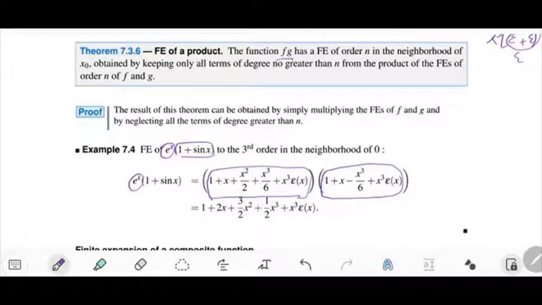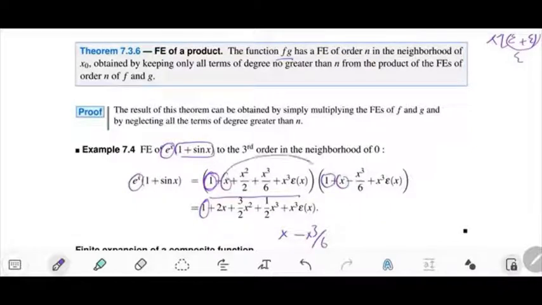Now if we multiply these two expansions, we will have 1 times 1 will give 1, and then 1 times x will give x, and then 1 times minus x^3 over 6 will give minus x^3 over 6, and then you have x times 1 in here will give x, x times x in here will give x^2, and then x times x^3 in here will give x^4.